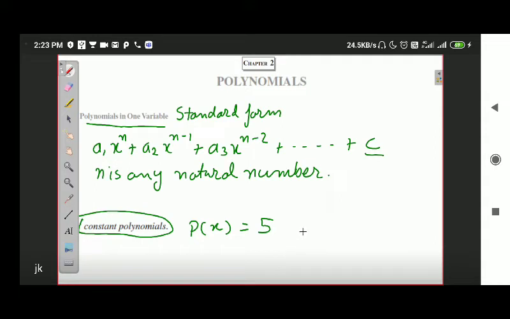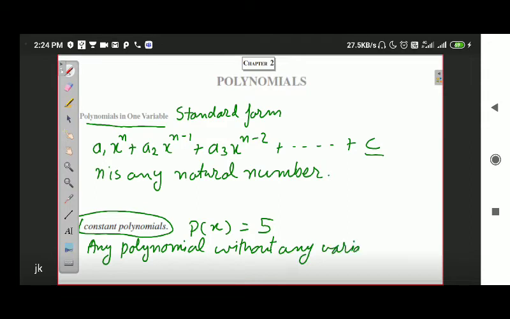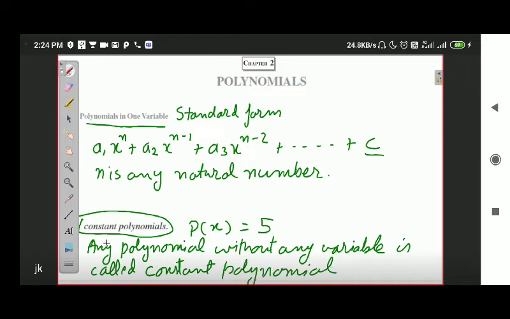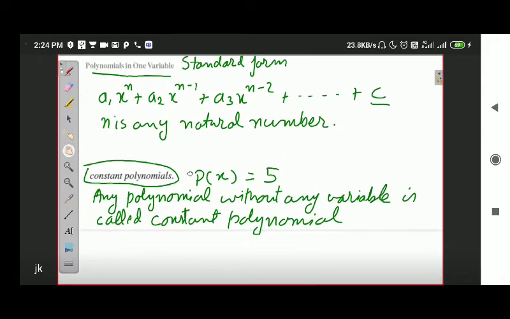Any polynomial in which we do not have any variable is called a constant polynomial.